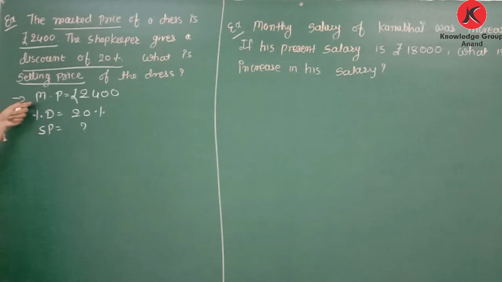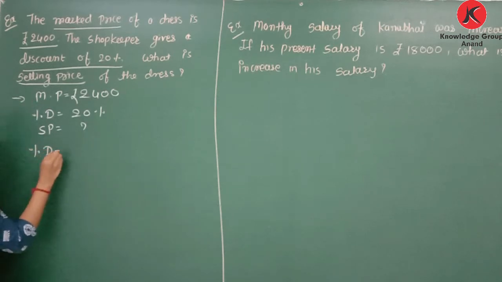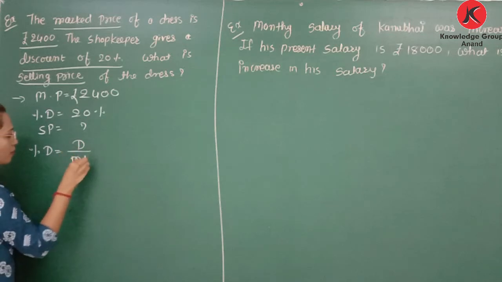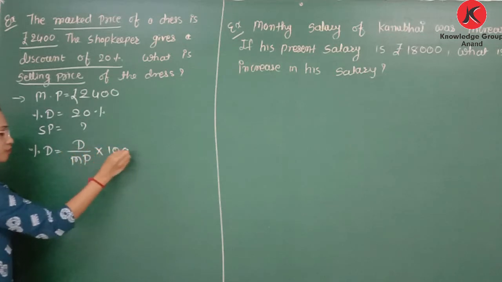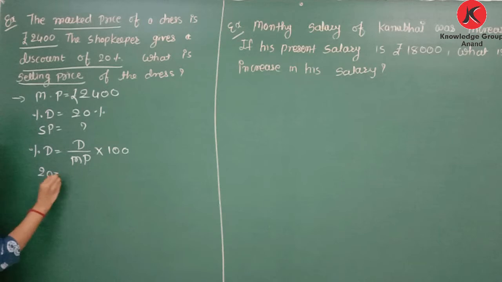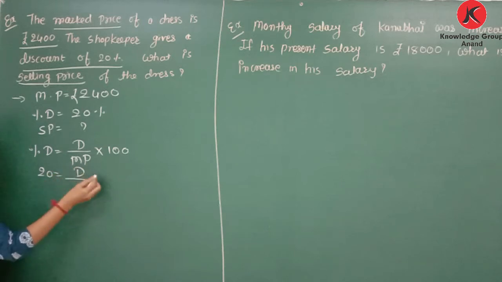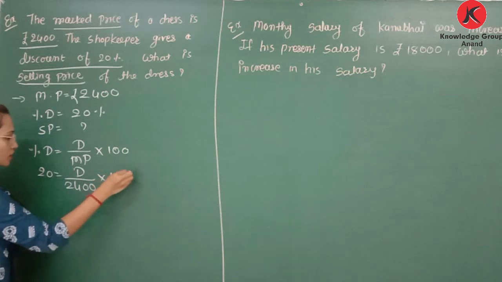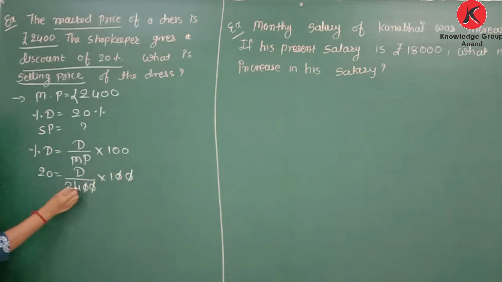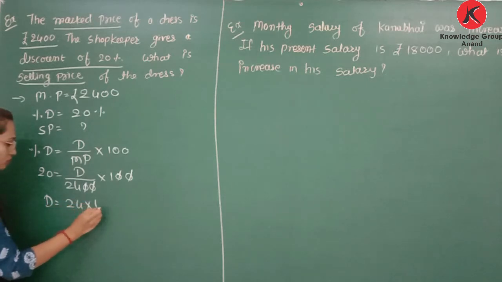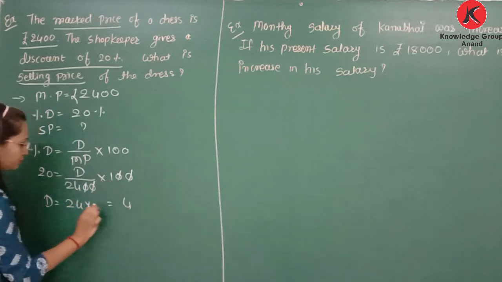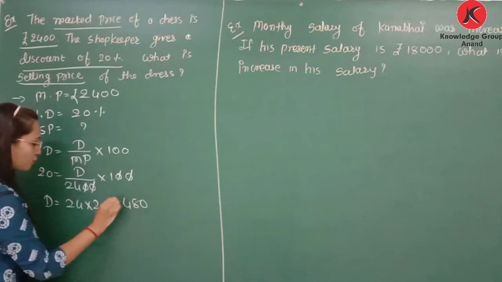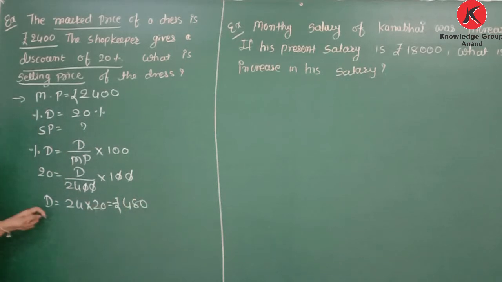So here if the mark price is given, we can directly use the equation. Percentage discount is equal to discount divided by mark price multiply 100. That is 20 is equal to D divided by 2,400 multiply 100. 0, 0 cancel. So 24 is multiplied with 20. So we will get 480 rupees, that is the discount.